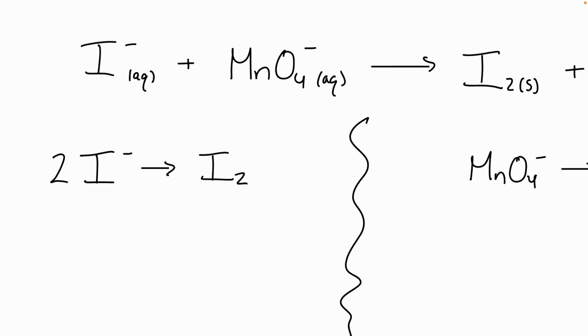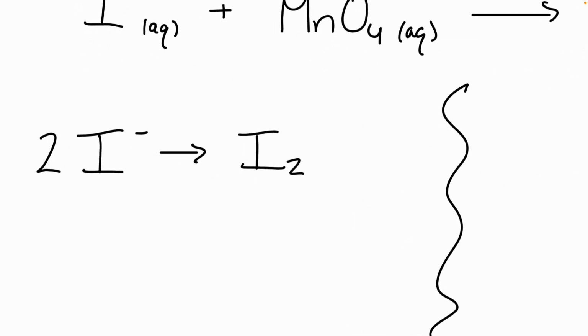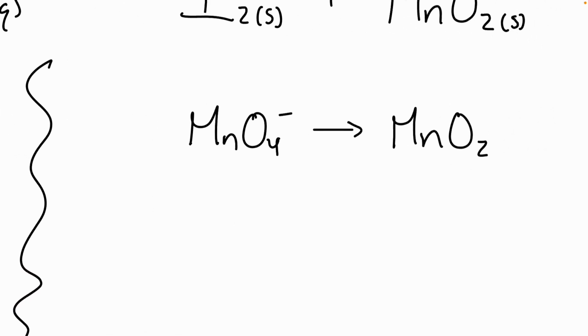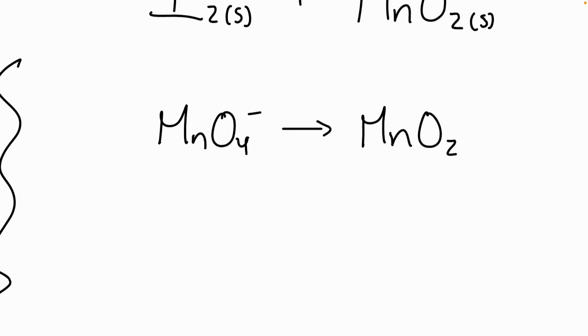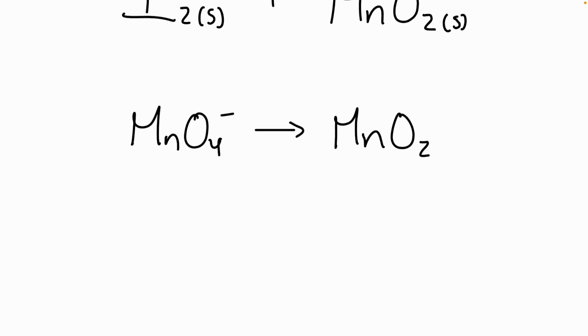All right, now I'm going to balance my oxygens by adding water. I don't have to worry about it here. I do over here have an imbalance in my oxygens, right? I got 4 on the left and only 2 on the right, so I'm going to have to add 2 more waters over here.